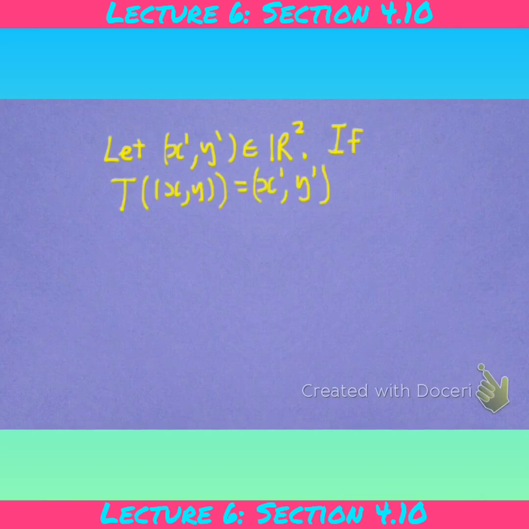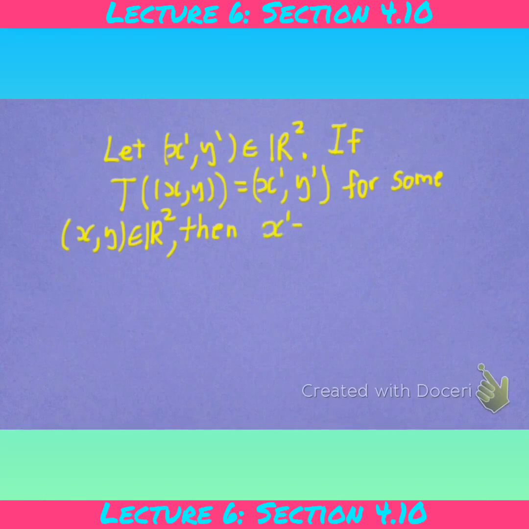If T of the point x, y is equal to x prime, y prime for some point x, y in the domain, we need x prime to be equal to x minus 3y, and we need y prime to be equal to minus 2x plus 6y.